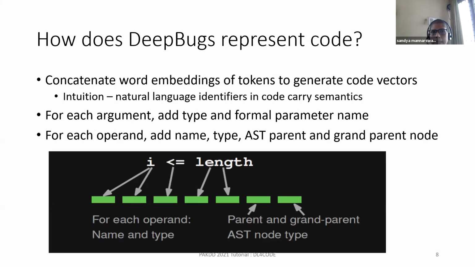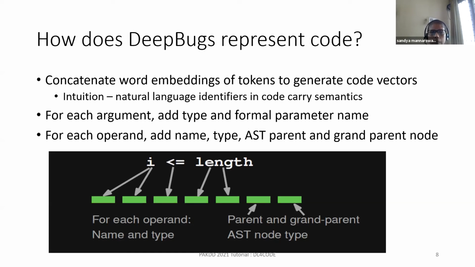The second step is, once I have my training data, how do I represent code so that I can build a model? Dr. Ramakrishna has already covered how models for code can be built, such as code2vec and IR2vec. In this specific case, they concatenate word embeddings of the tokens to generate a code vector.